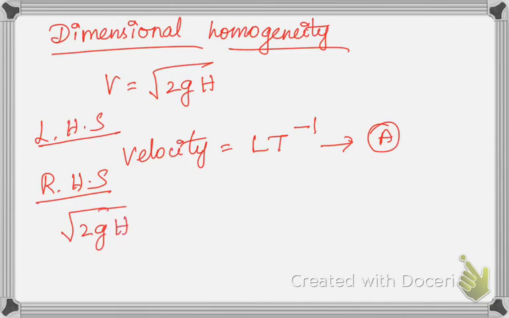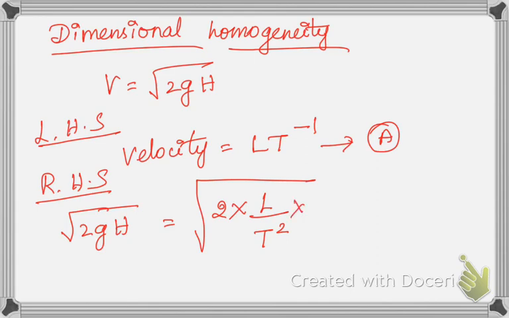You can write it as root of 2 into g, where g is acceleration due to gravity, and we have derived that earlier. The unit will be meter per second square, which means L by T square, and h is going to be the head. Generally the head we denote in terms of meter, so we'll denote it as length.